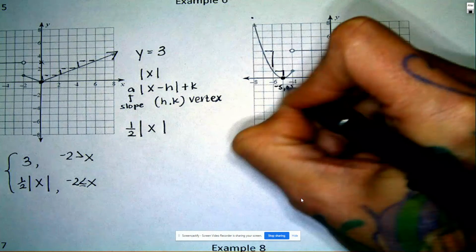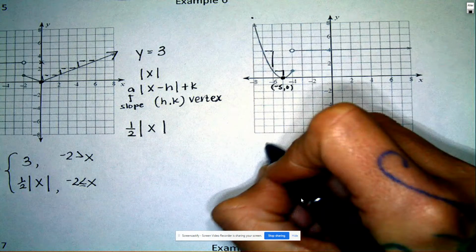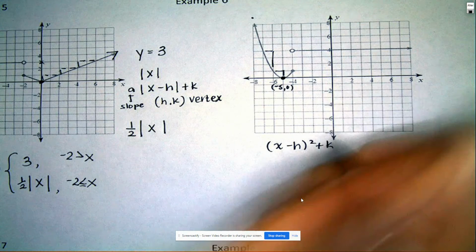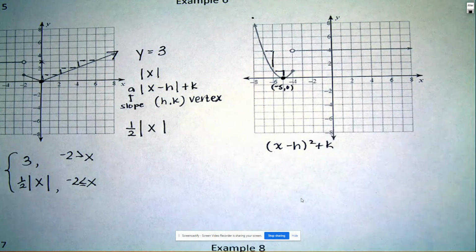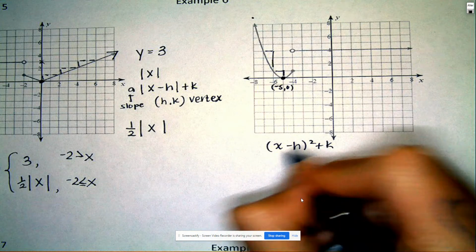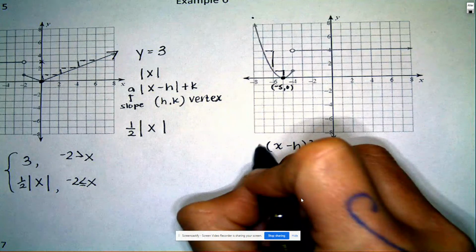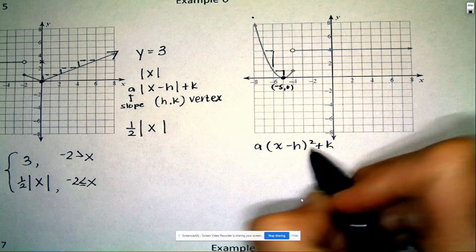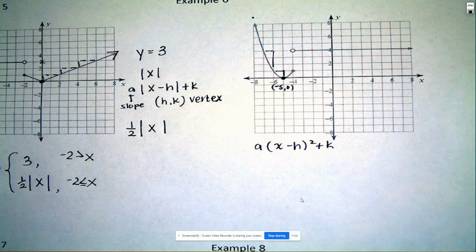When we're thinking about our vertex form for our quadratics, remember that's x minus h squared plus k. So very much like the absolute value, like I mentioned, except parentheses and squared. And then if there was a rate of change, that would be illustrated here in the front. So our hk is our vertex, and it's -5, 0.